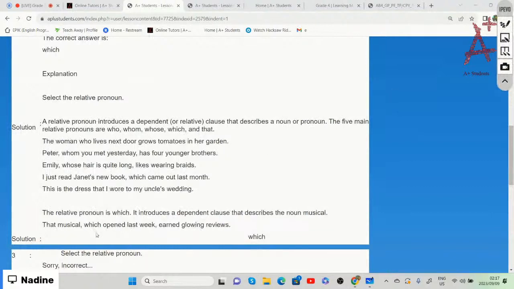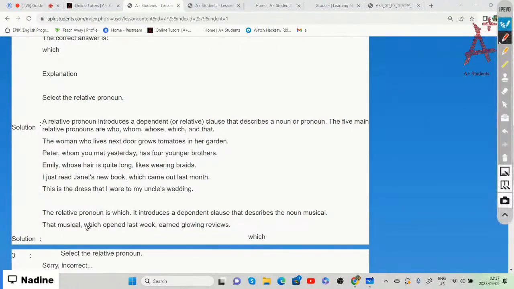That musical, which opened last week, earned glowing reviews. So that musical, which opened last week, earned glowing reviews. So we don't say that opened last week, we say which opened last week.